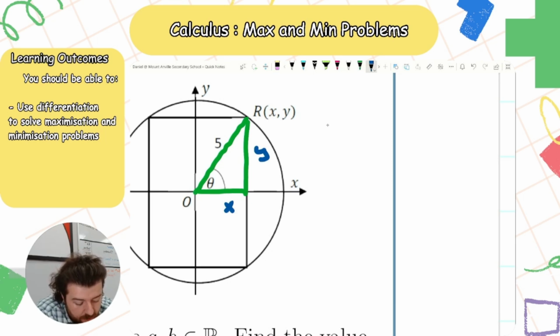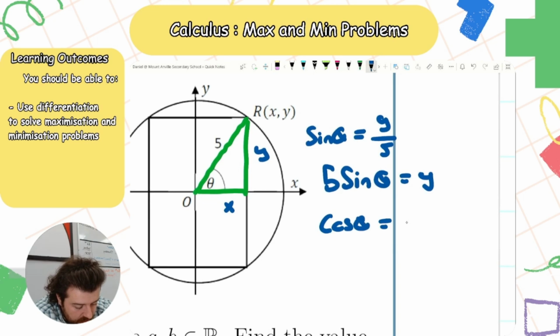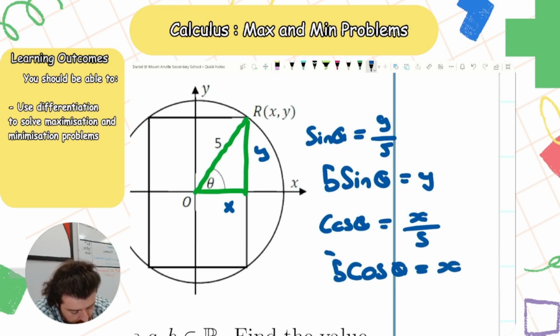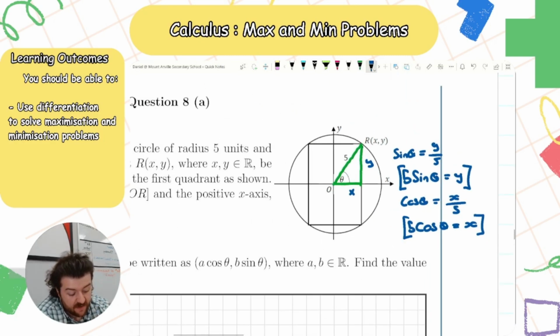So I'm going to have here sine theta is equal to y over 5. 5 sine theta is equal to y. And I have cosine theta is equal to x over 5. So 5 cosine theta is equal to x. So therefore, A and B.